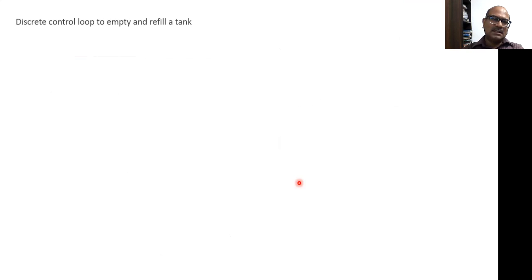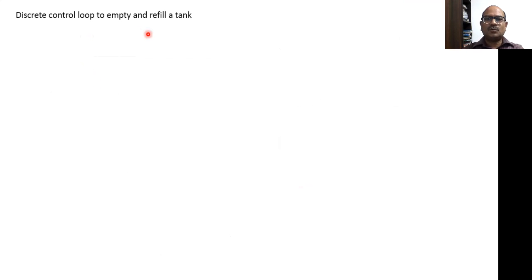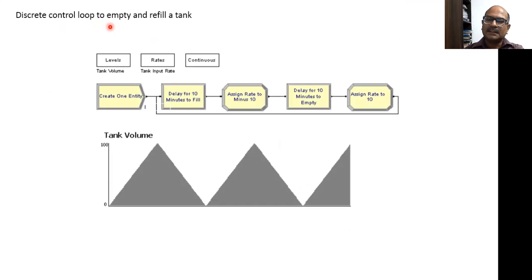But with respect to that, consider a discrete control loop to empty and refill a tank. First we fill the tank up to 1/4 of the capacity, then we empty it and again refill up to 1/4 of the capacity, like this.